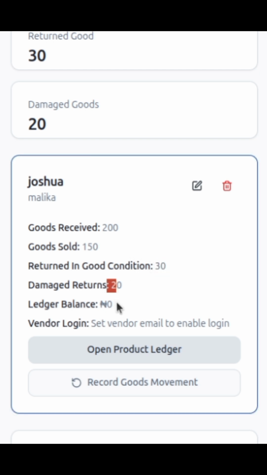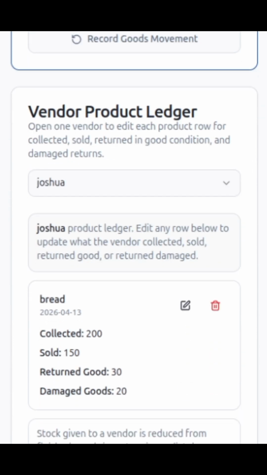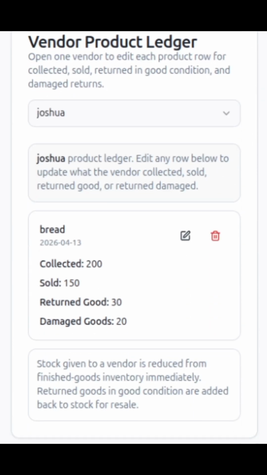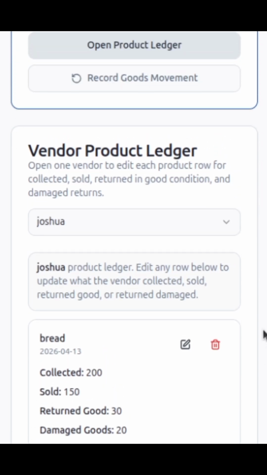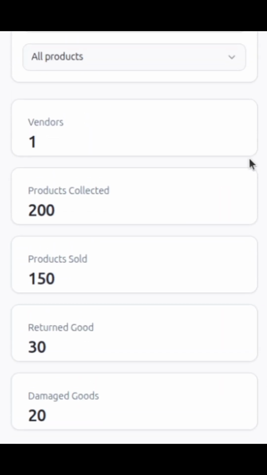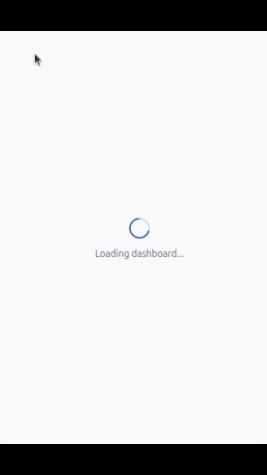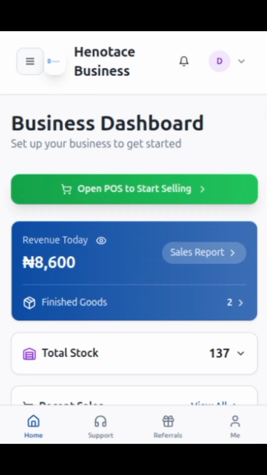You can see damaged. You can see all of that is properly recorded. Then you can see what was returned, what is damaged, and what we have left. All of these things are tracked and you can have an account for them. So that's their own ledger. The vendors have their ledger, which you can see under the vendors operations.